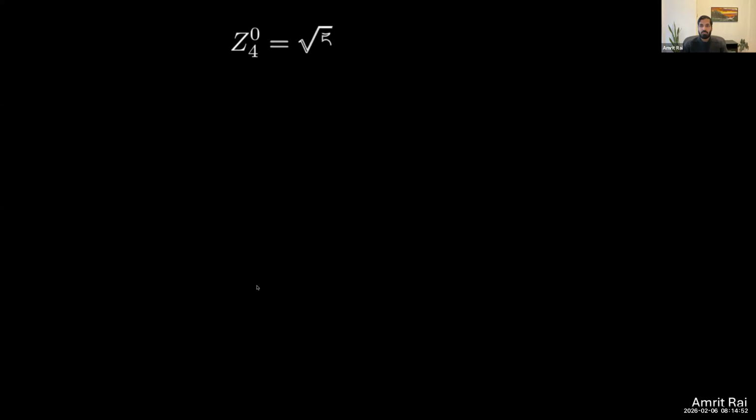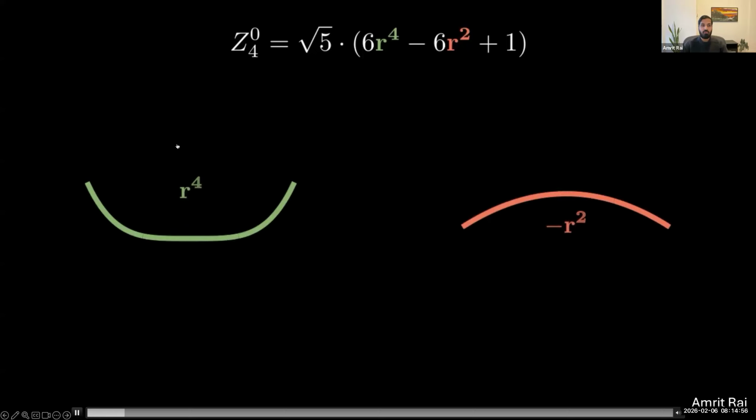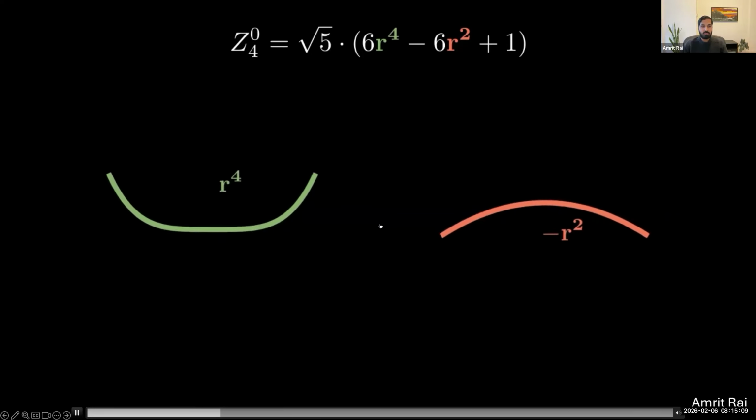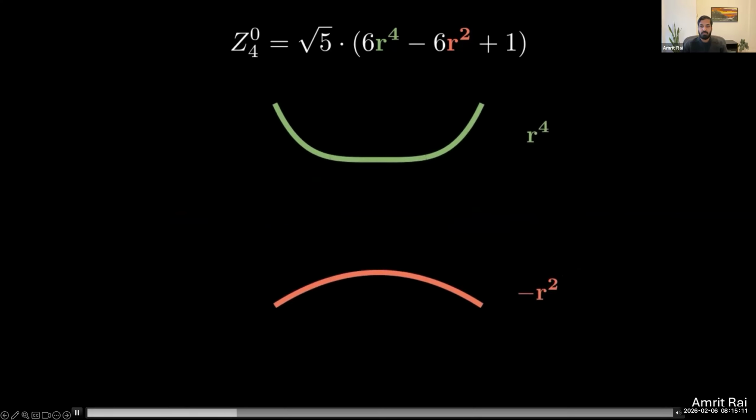And so let's again start with that equation for Zernike spherical aberration. If we draw out R4, we can see that it's a curve that opens upwards, and negative R squared is a parabolic curve that opens downwards because it's negative. Now we can stack these two curves on top of each other so that we can add them together.